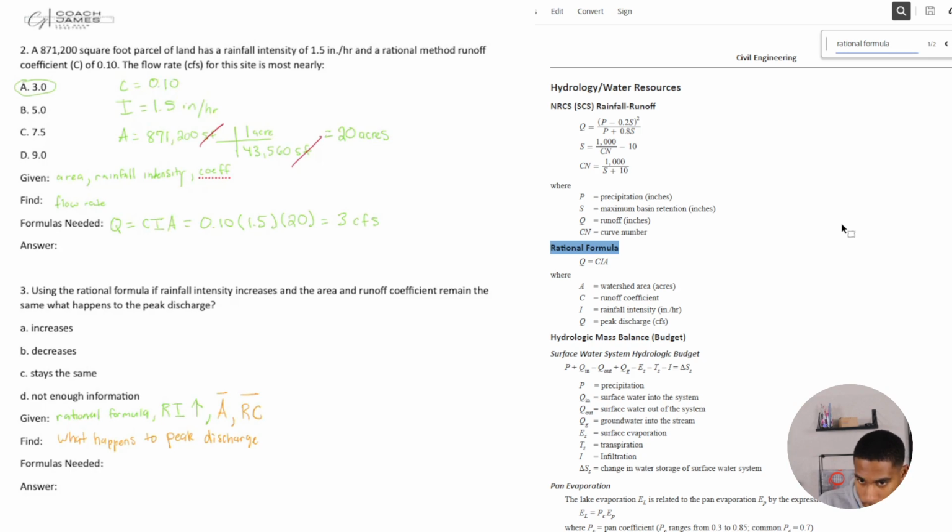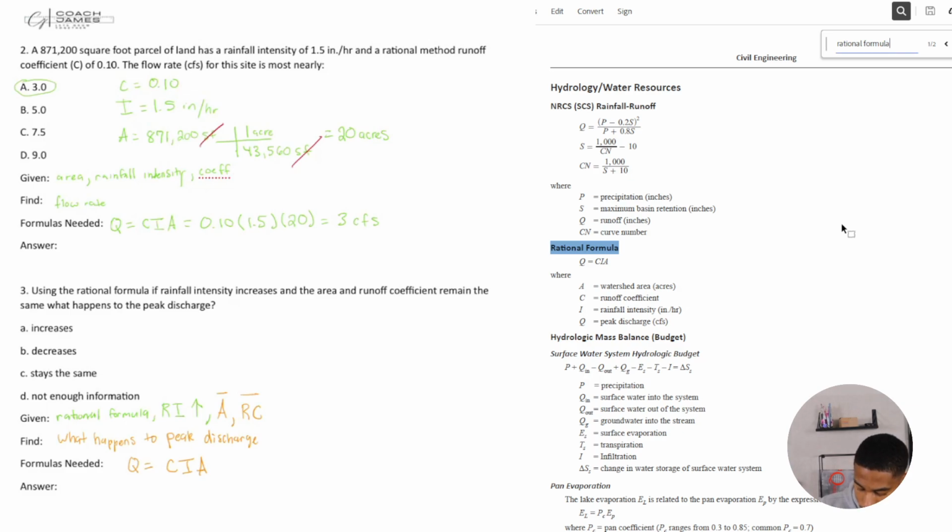And that means that Q is equal to CIA, all right? So C is, again, the runoff coefficient. That runoff coefficient is going to stay the same. And we can do an example.